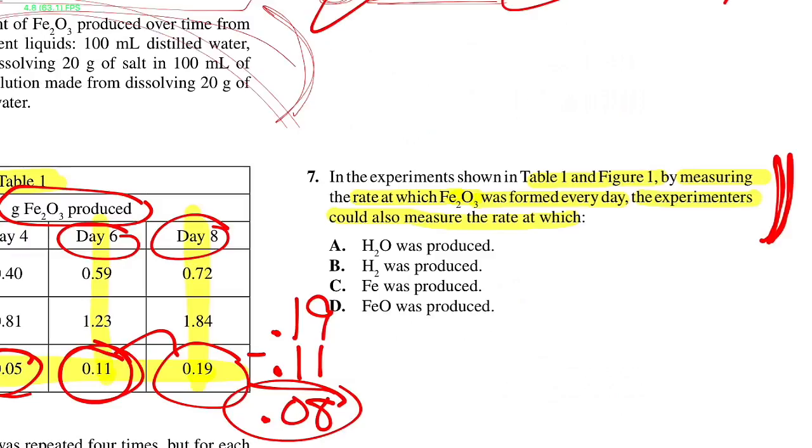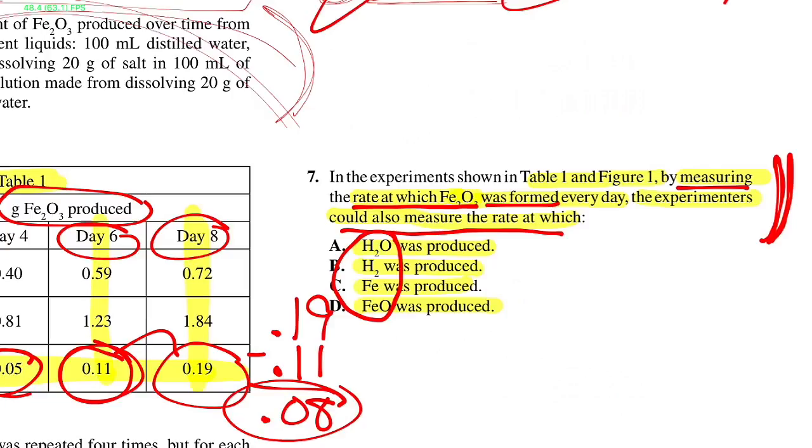So here they're saying essentially, if you measure the rate that rust was formed, you could also measure the rate at which, and then they give you your choices. Water was produced, hydrogen was produced, iron was produced, or FeO, which looks like some kind of iron oxide. But you don't even need to know what the terms are. You can just call them H2O, H2, Fe, FeO, all that's good.